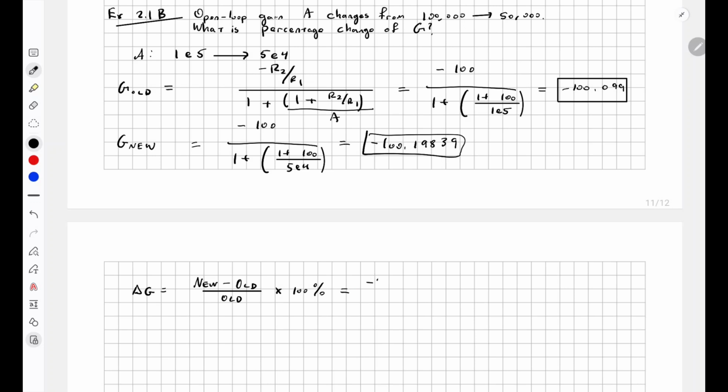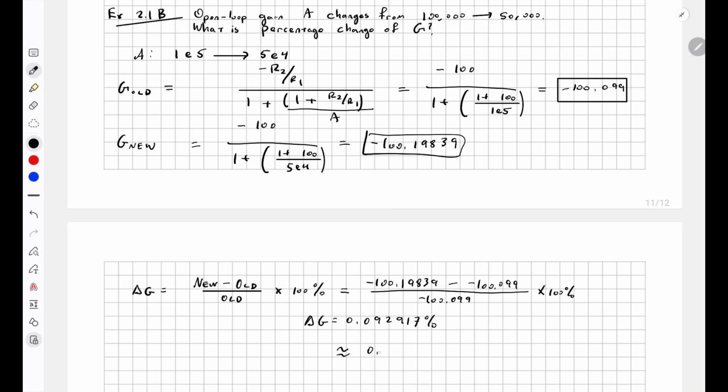So the new is like this. If I use a calculator, I will find that the percent change, which I have written down, is 0.092917%.